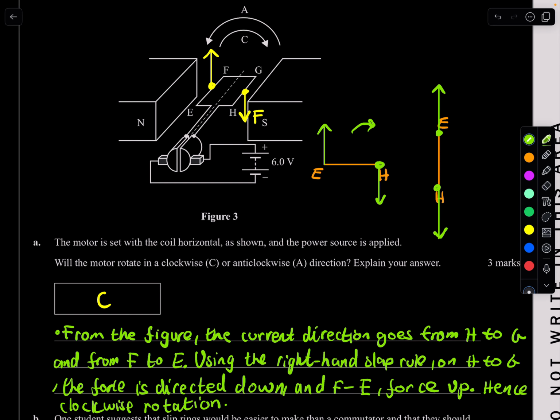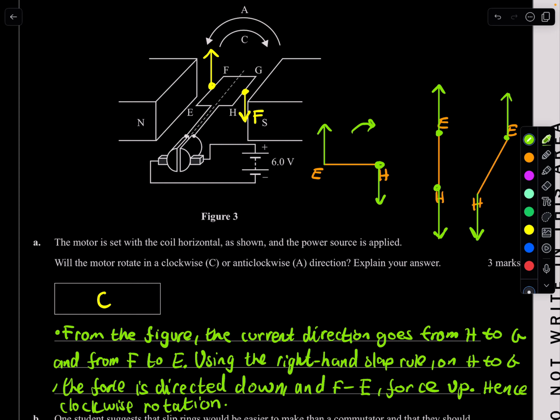But when you reach this, it's going to stop at the vertical position, because the forces are pushing up and down. There's actually no torque happening. Well, in a real life situation, there is some torque. For example, if you moved it to the right, there would be some movement still. This will be your E and this will be H, but still the forces are up and down. So this one's still up and this is down.